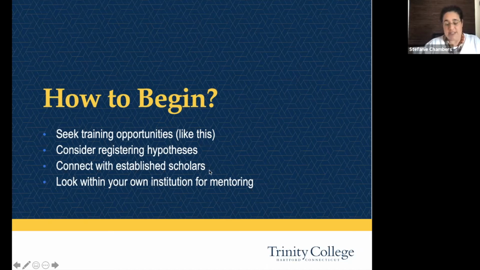Connecting with established scholars is really key when you're doing community engaged scholarship. You want to make sure that you can draw on existing research in your own publications to show that there's credibility in this way of doing research that you've just started working on.